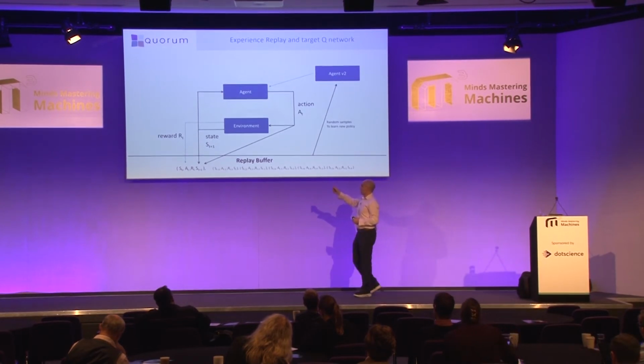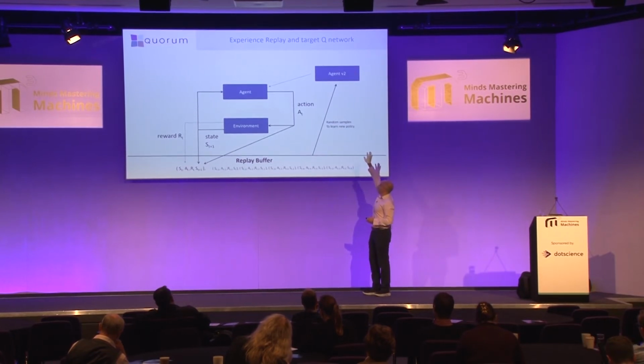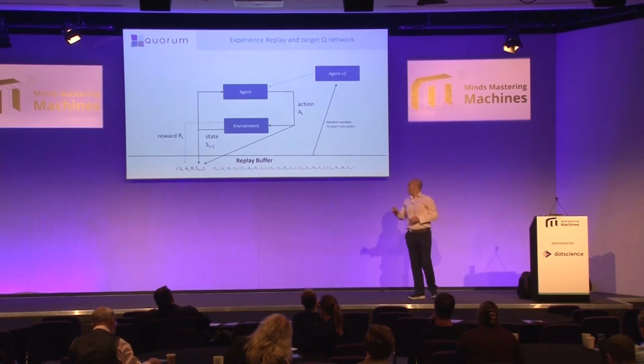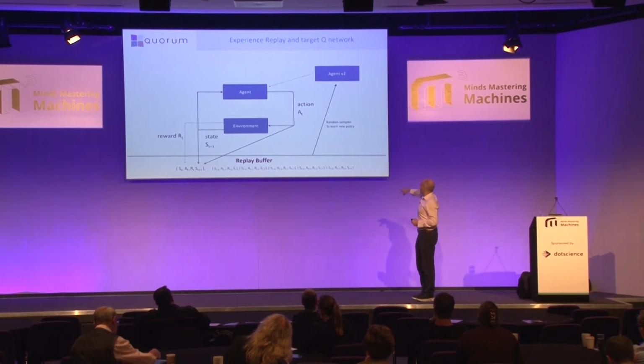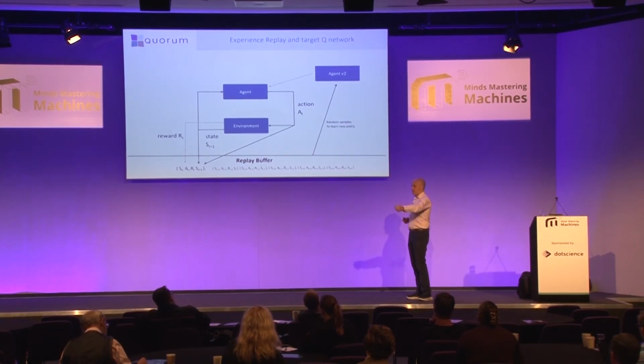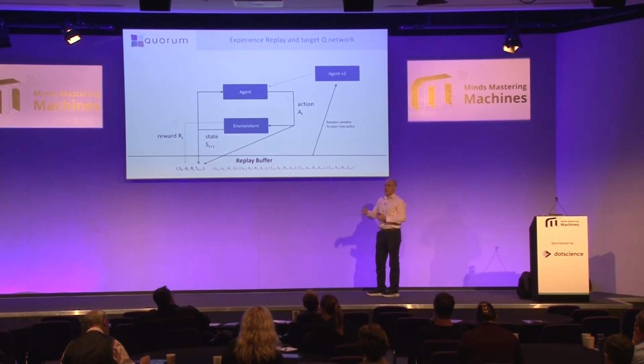And instead of directly updating from what just happened, they create a new copy of the agent, and this is to solve some of the stability issues. The agent samples from the replay buffer. So it will pick a couple of hundred examples at random of things that it did, what the outcome was, and what the reward was, from maybe the last game, maybe 100 games ago, maybe what it's just done.